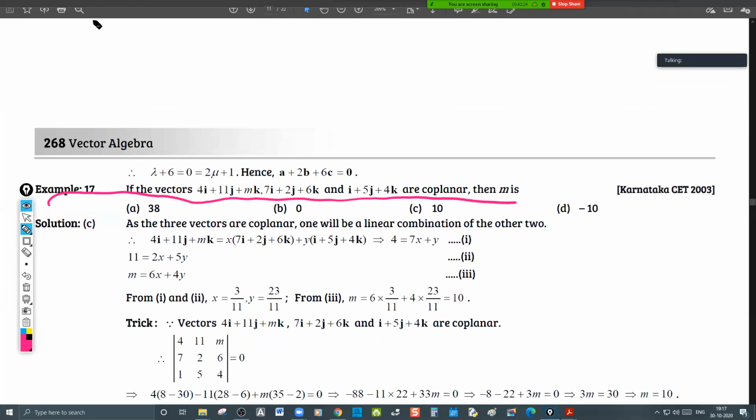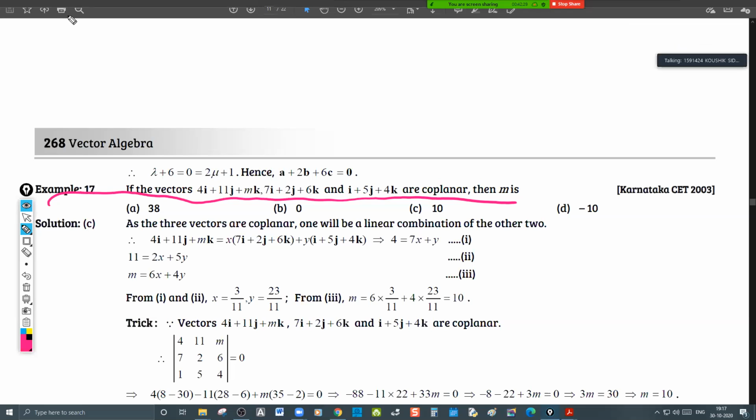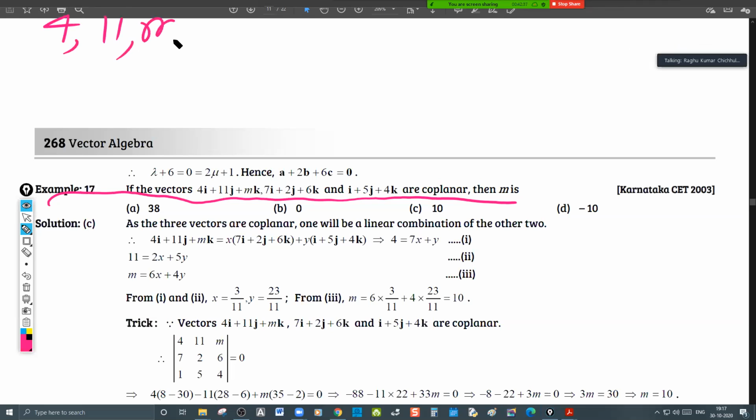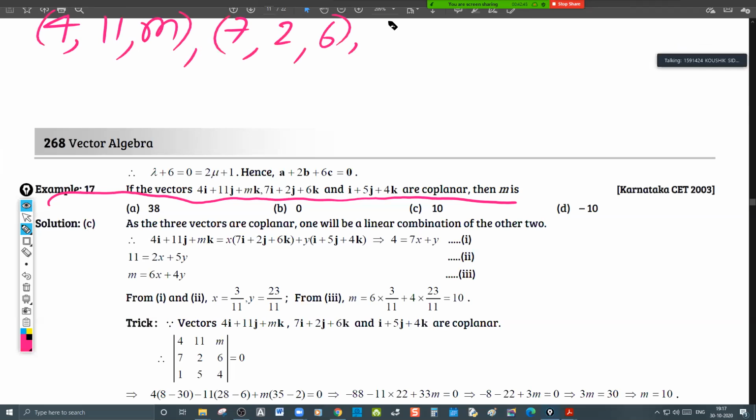If the vectors 4i plus 11j plus mk, let me write 4, 11, m, and 7i plus 2j plus 6k, and i plus 5j plus 4k are coplanar, then m is.